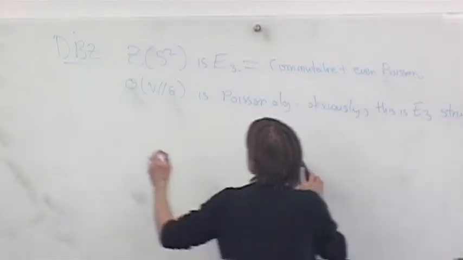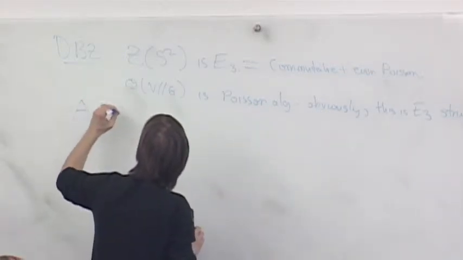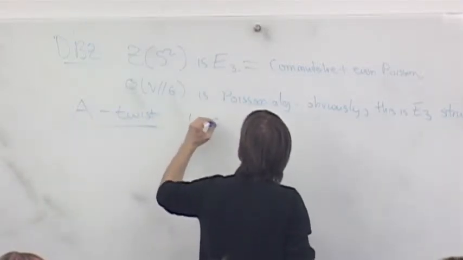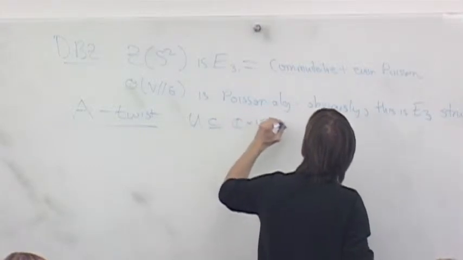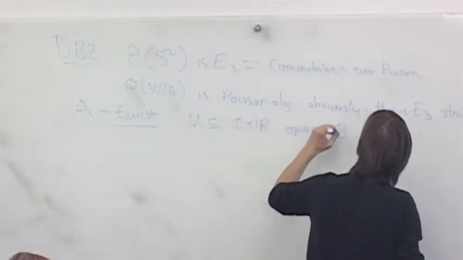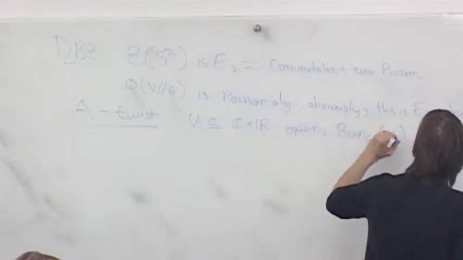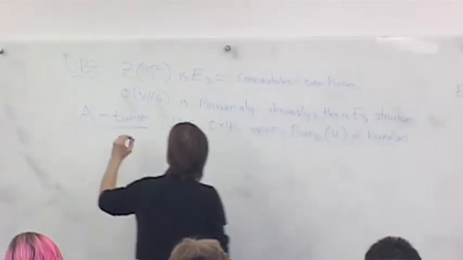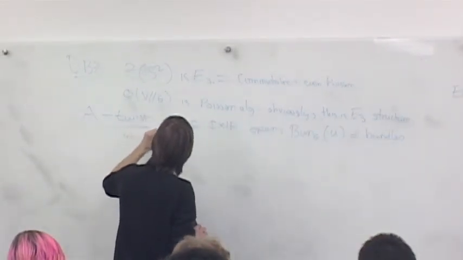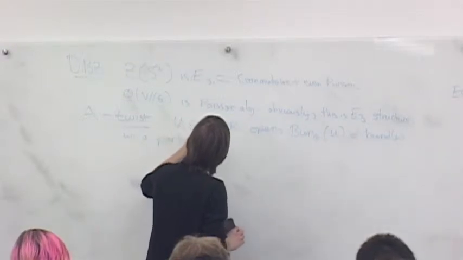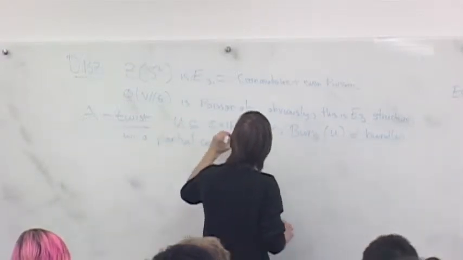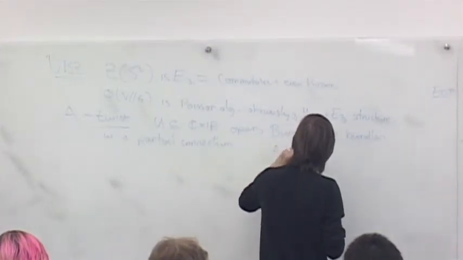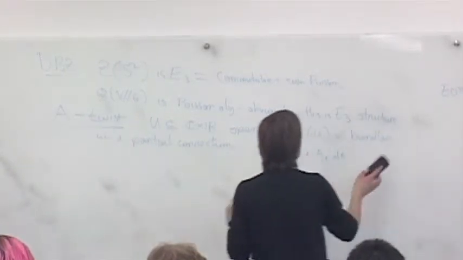So now let's try the other side, the A twist. I want to introduce some notation. Suppose I take any U inside of C cross R, open. We set Bun_G of U: these are bundles with a partial connection, which looks like A dz bar, A_t dt.